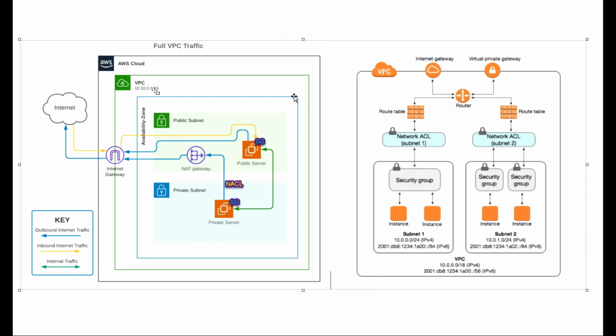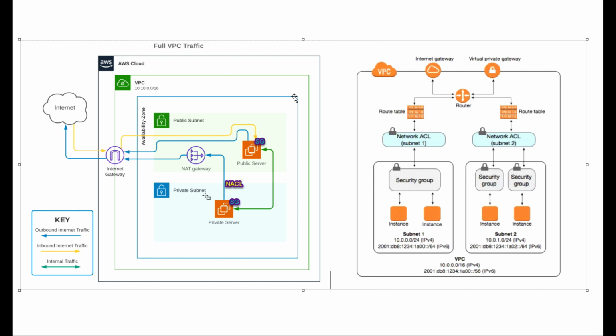A public subnet is associated with a route table that has a route to an internet gateway. That means it can access the internet through the internet gateway.